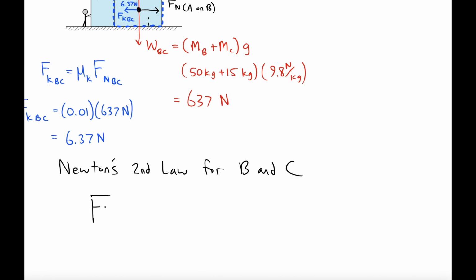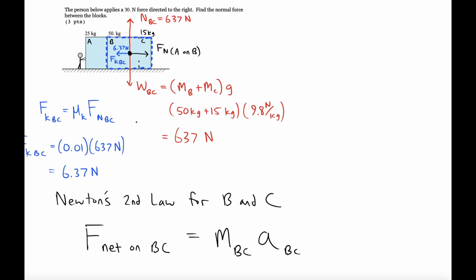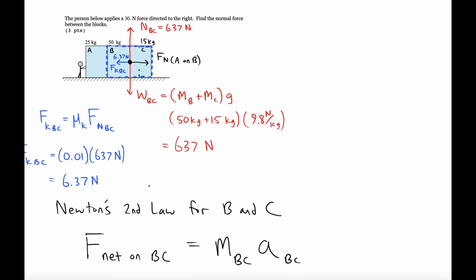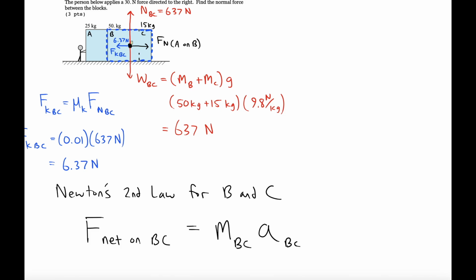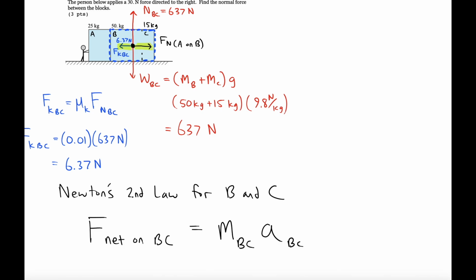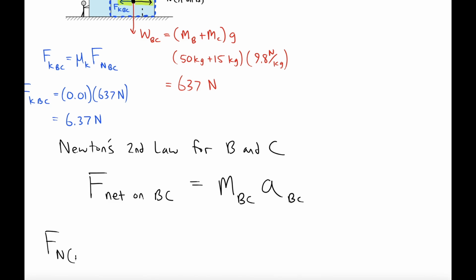So we'll say the net force on B and C is equal to the mass of B and C times the acceleration of them. Now, when you do a net force here, you have to take into account both of these forces. So on the left-hand side, I'll show that there's a push of A on B. We're going to subtract the friction and let that equal the mass times the acceleration.